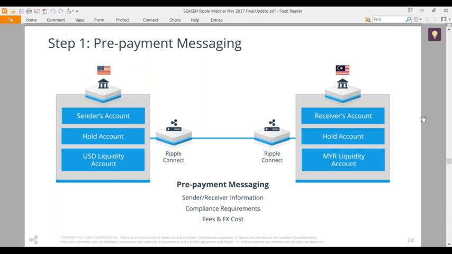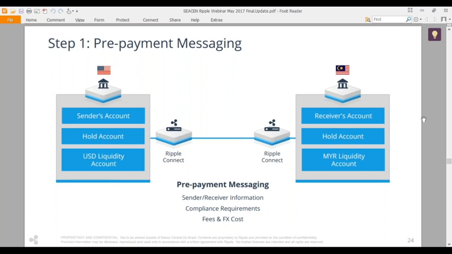And this messaging also determines the fees and the FX cost. So before the payment's initiated, we're exchanging all of this upfront information, and we're determining that cost. It's through this process that the originating bank can tell the originator the exact amount of the fees and the funds that will be delivered for the receiver.